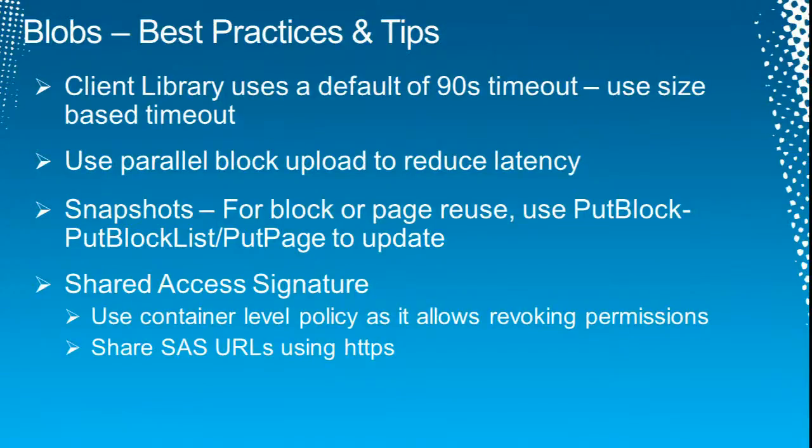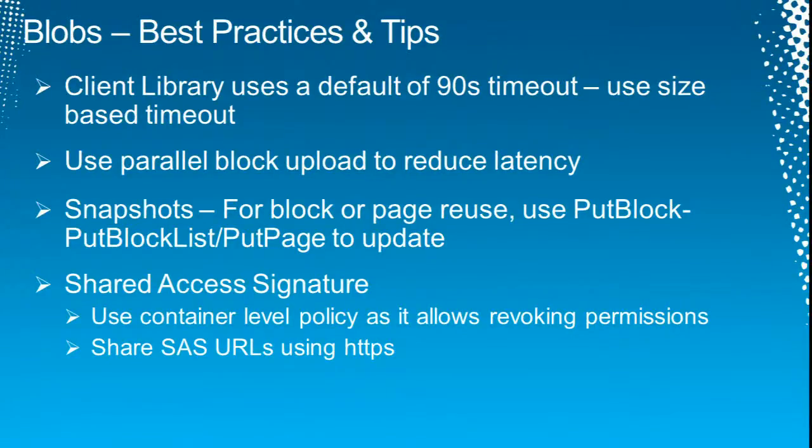Shared access signature, we went through it. Use container access policy. The other one was basically where you keep all the parameters rather than keeping it on the container, that policy. You give all the parameters in the URL. The problem with that is you cannot revoke it once that URL is gone because there's nothing on the container, and whoever has access to that particular URL can get access to your blob.